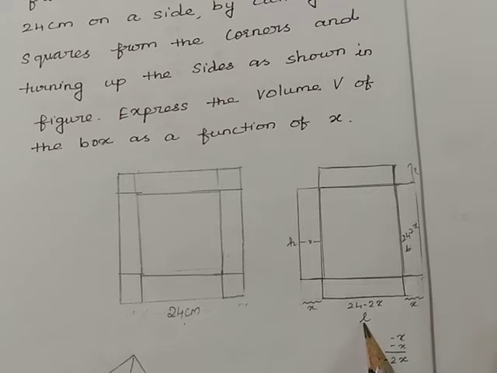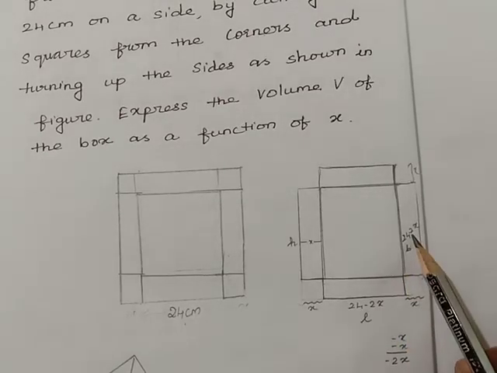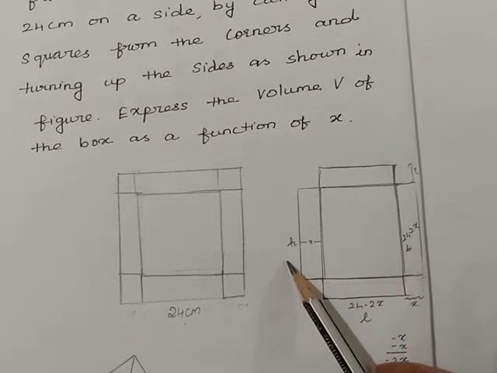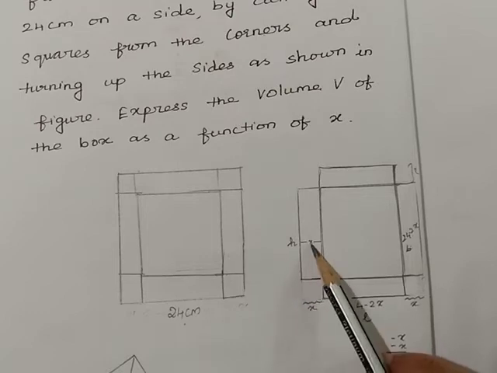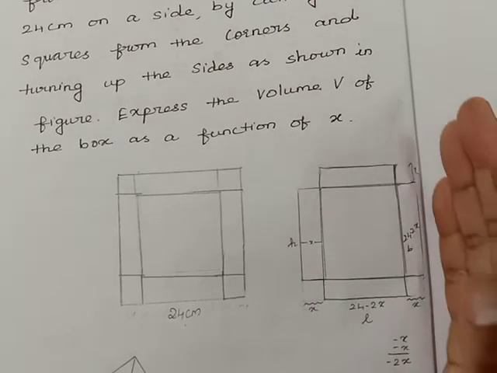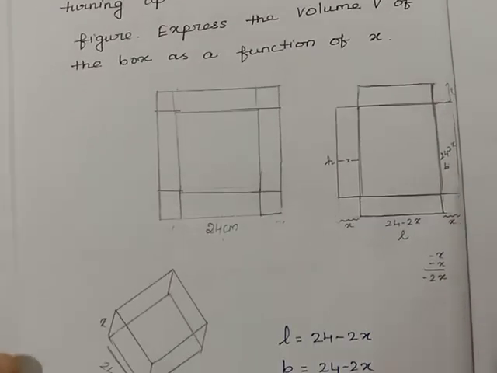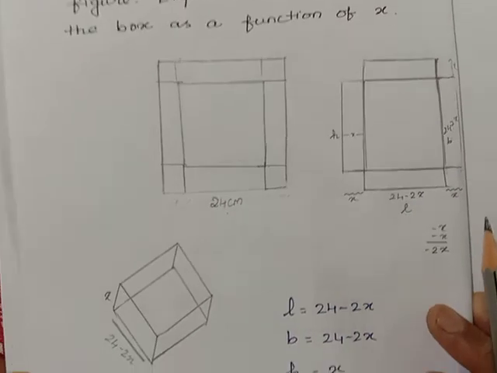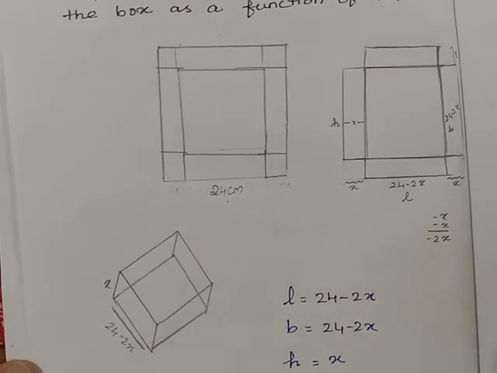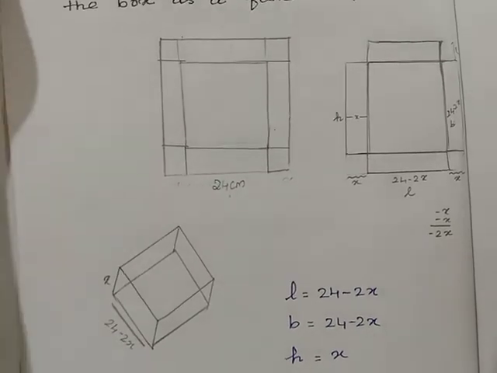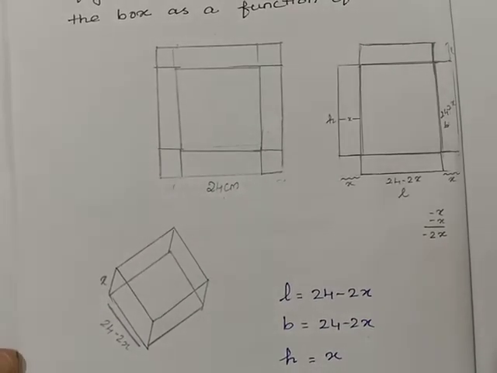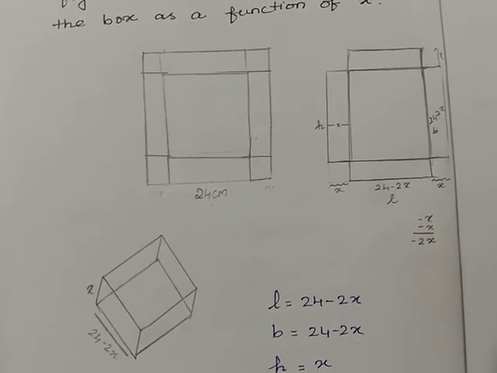So the length is 24 minus 2x, the breadth is 24 minus 2x, and the portion cut, the height, is x. So just turn the paper up, and we can find the shape of the paper is a cuboid. So if you find the volume of the cuboid, it gives you the volume of the box. Thank you, children.